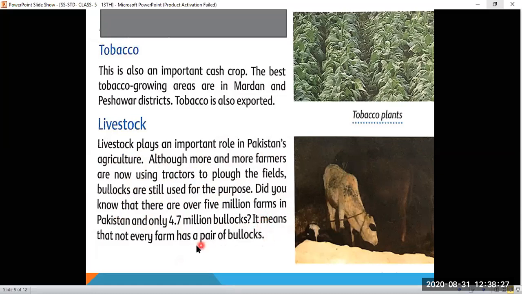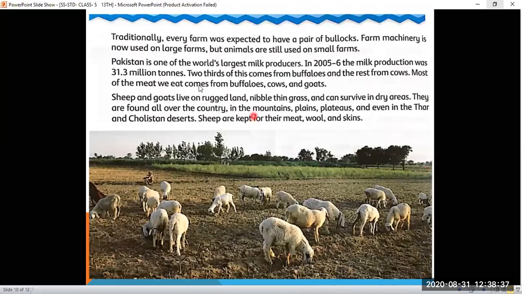It means that not every farm has a pair of bullocks. Traditionally, every farm was expected to have a pair of bullocks. Farm machinery is now used on large farms, but animals are still used on small farms.